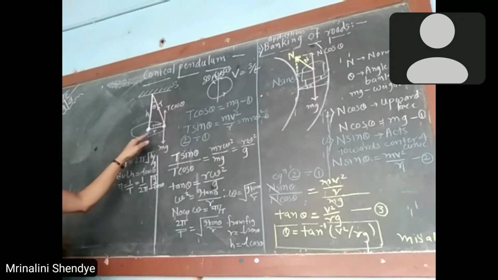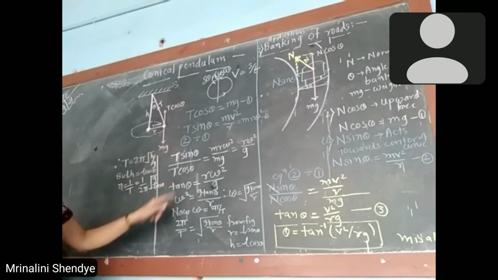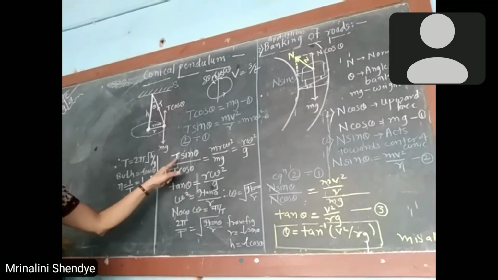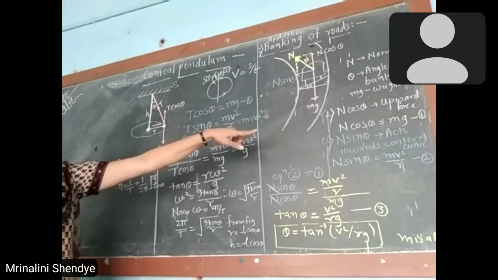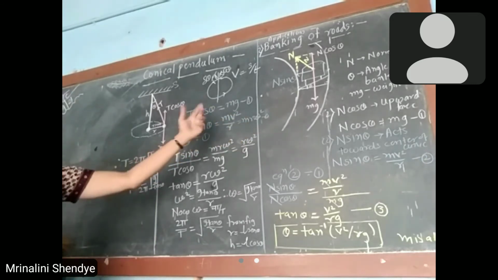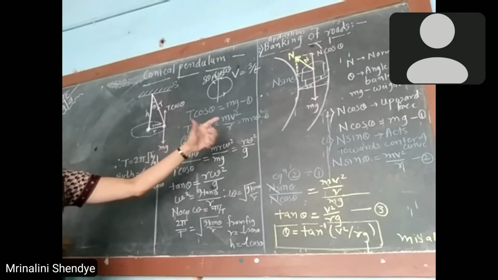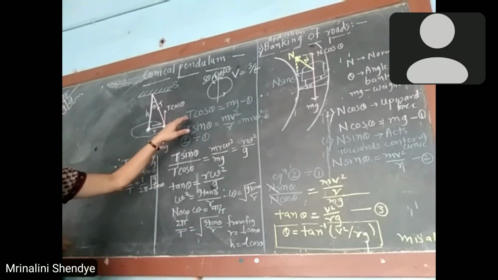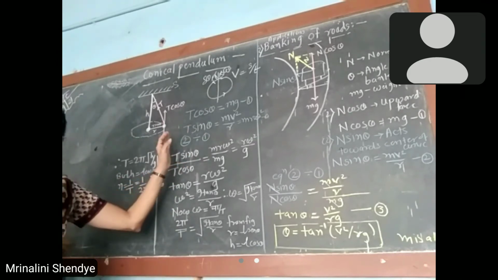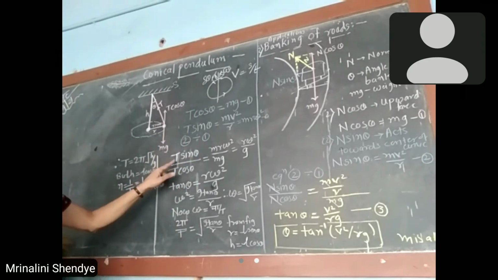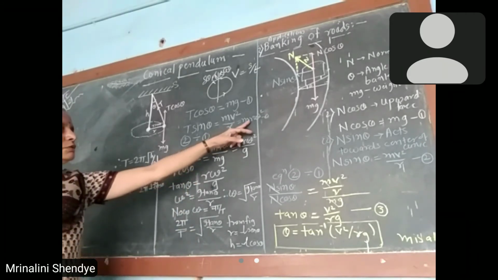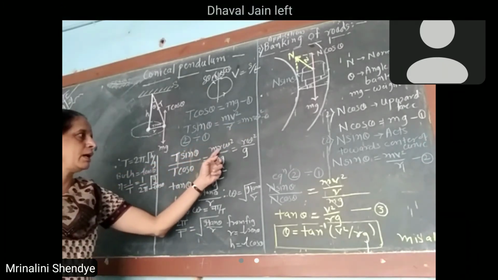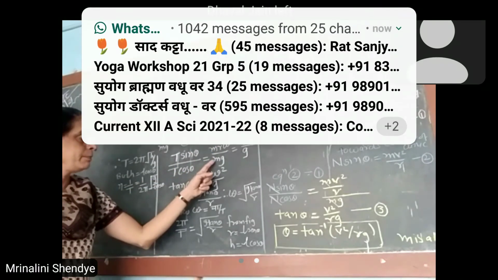Now we have to find this force. T sin theta as well as N sin theta are the same case, so we use it like this. I am going to divide the second equation by the first equation. T sin theta upon T cos theta is equal to m r omega square upon mg.